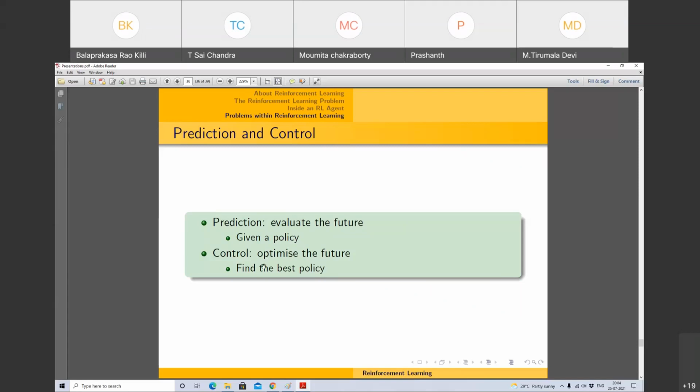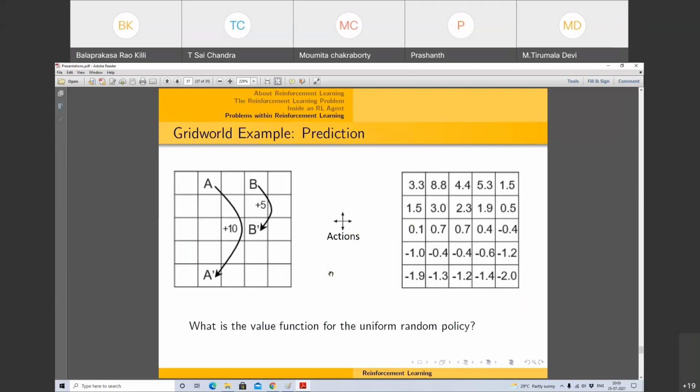What is the control problem? Control problem means no one will give you a policy. You have to find the best policy. Best policy means the policy that results in maximum expected cumulative reward. So this is an example of a prediction problem. Here, let us say the policy is a uniform random policy. Uniform random policy means here the actions are up, left, right, down, and you pick an action with probability 1/4.